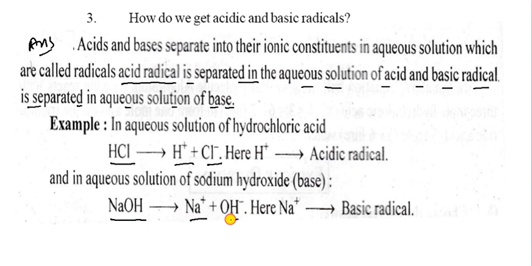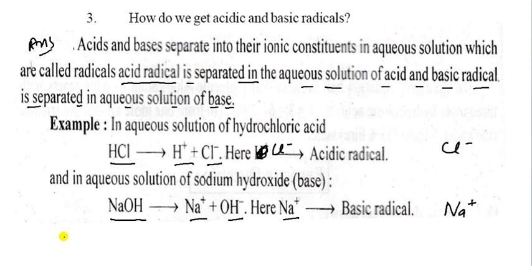The sodium and hydroxide break into two types. So sodium is basic radical. In the HCl, it is not hydrogen, it is chlorine, so you have to write here Cl minus. Cl minus is acid radical. So always remember, here is Cl minus acid radical and here is Na plus, that is the basic radical.